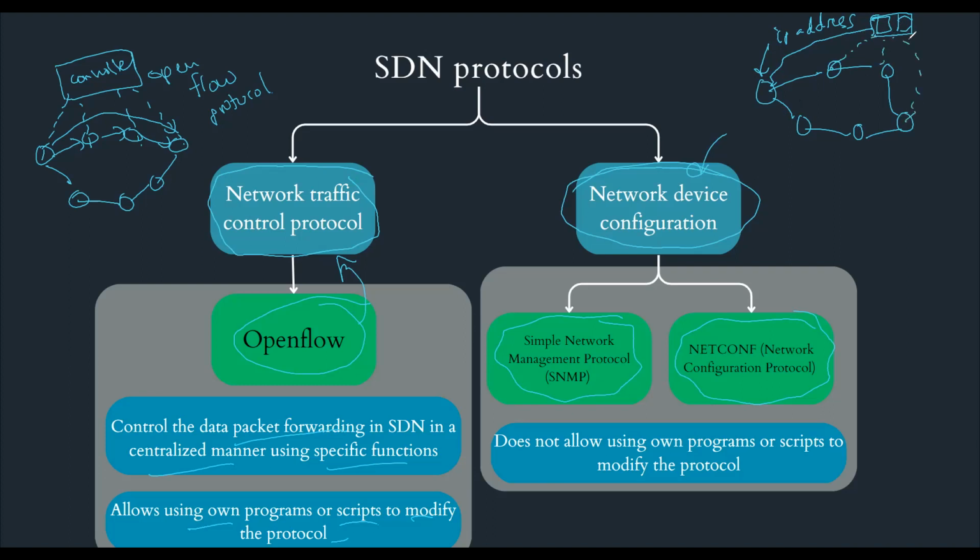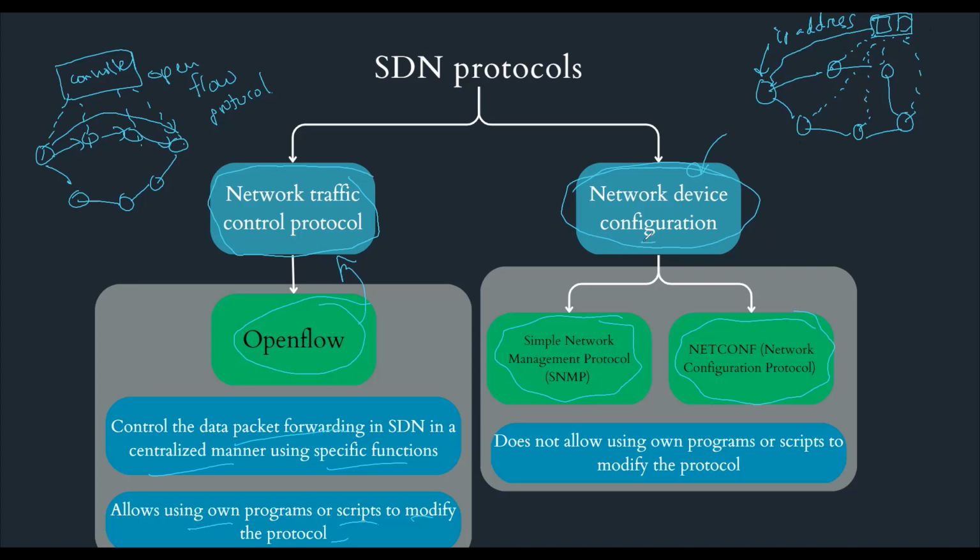Each of these routers will provide their own unique IP addresses, maybe MAC addresses, right? So any of their unique information, their unique data, will be shared with the controller. So the controller will have the global overview of all the routers which are connected to the network.